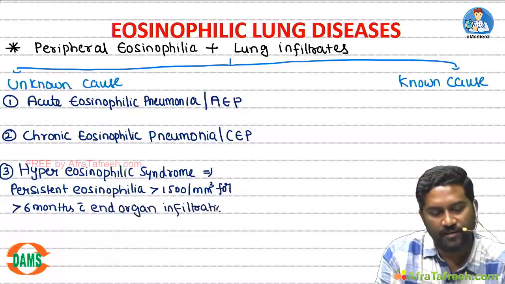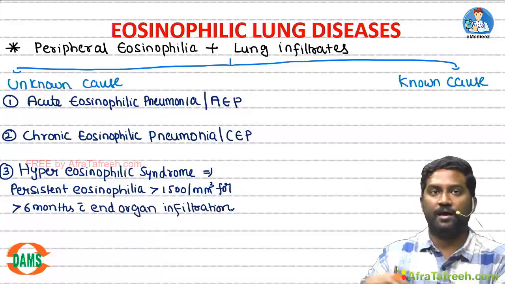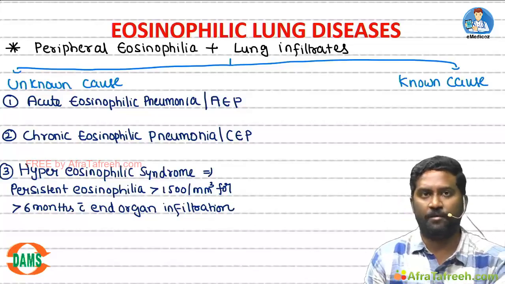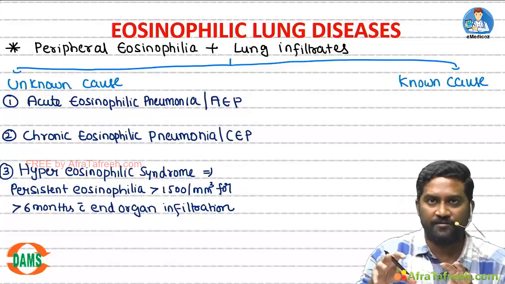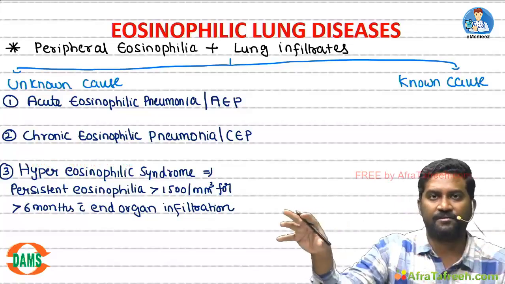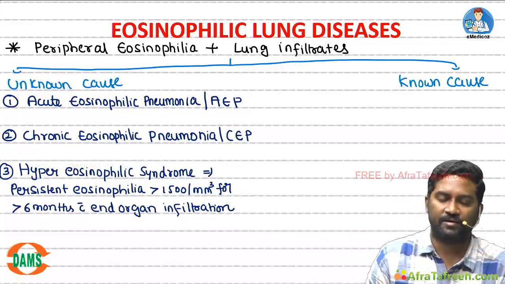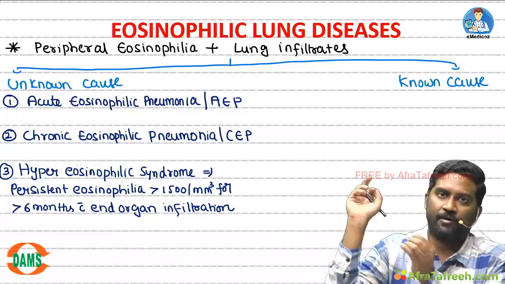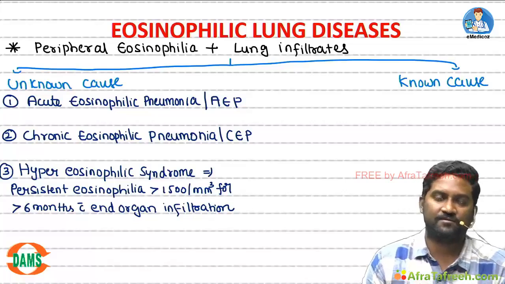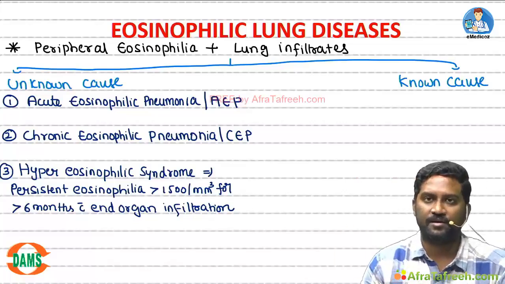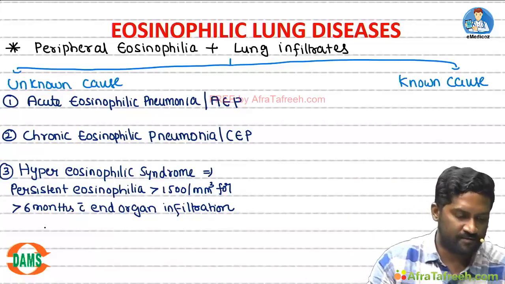It means that these eosinophils will infiltrate the majority of the organs. If you take a skin biopsy, it will be filled with eosinophils. Lung biopsy, it might be filled with eosinophils.